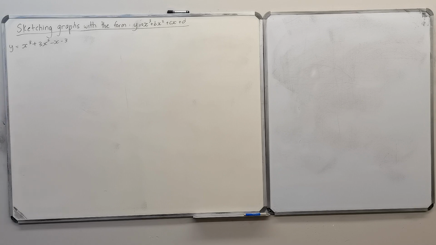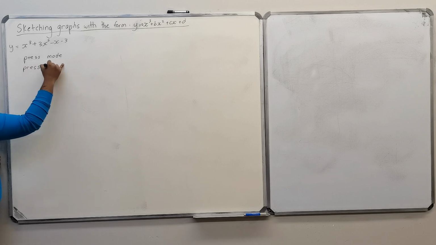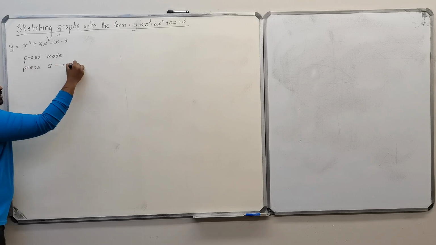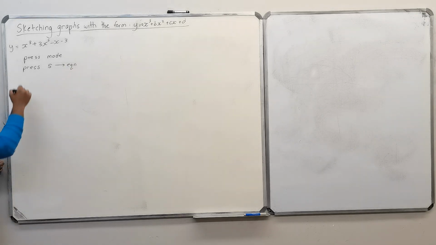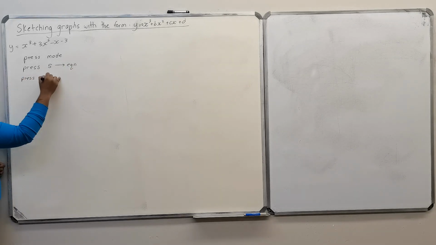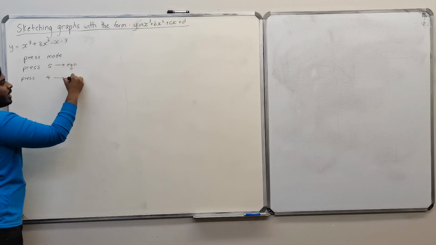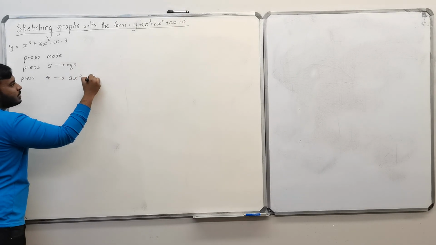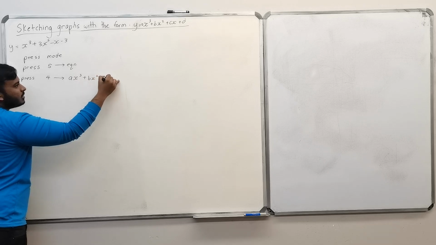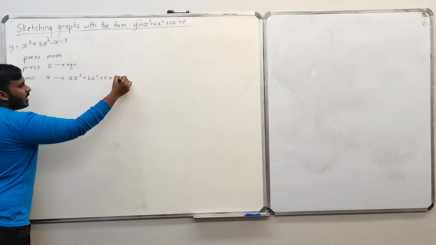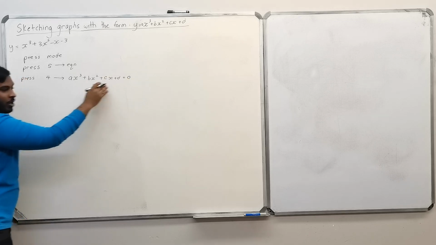What you're going to do is this. On your calculator, you're going to press mode. When you press mode, you're going to press 5 for equation. After you do that, you're going to press 4 for the one that looks like ax cubed plus bx squared plus cx plus d equals 0. You're going to press that.